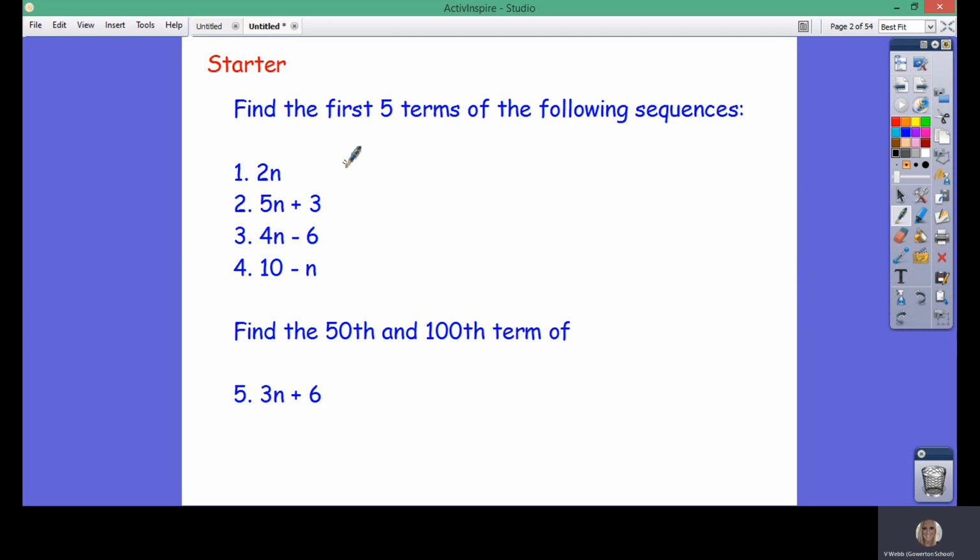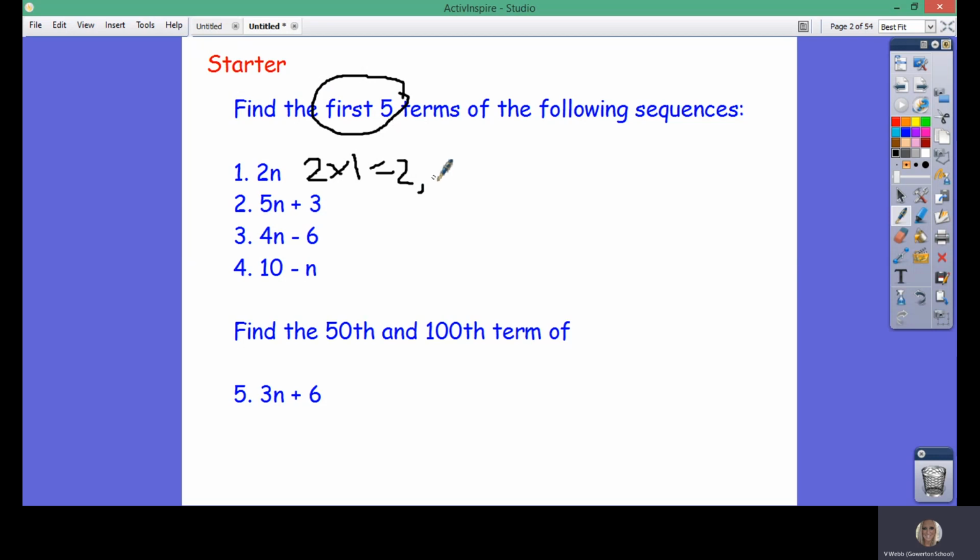So for this first question here, I want to find the first 5 terms of the sequence. So I'm going to put n is 1, 2, 3, 4, and 5 in 5 separate calculations. For the first one, because 2n means 2 times whatever n is, I would do 2 times 1 equals 2. So 2 is the first number in my sequence.